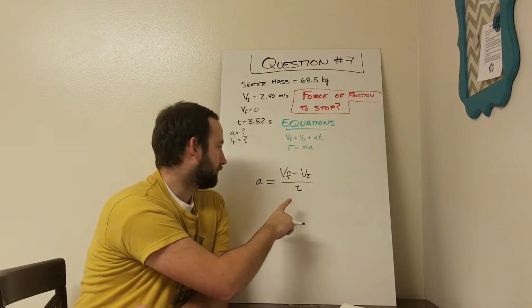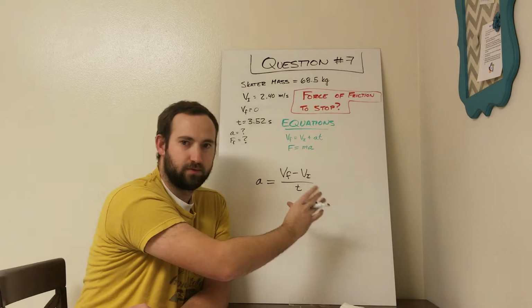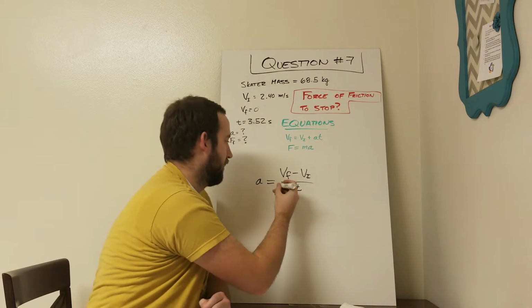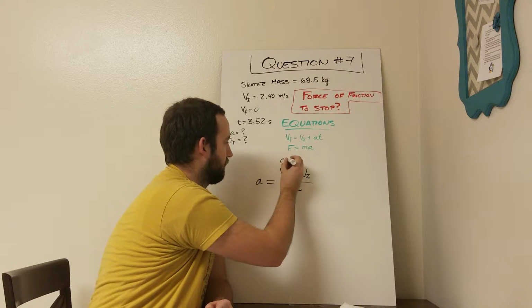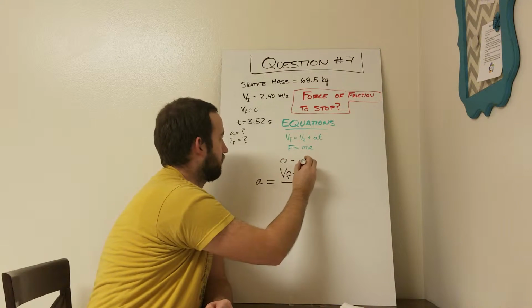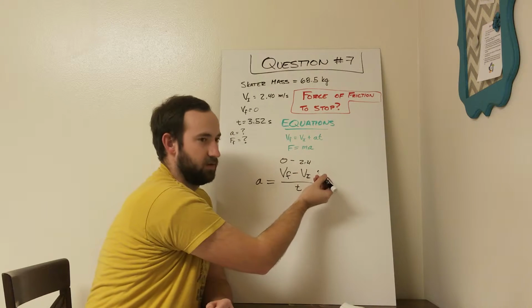And so since we know everything on the right side of the equation, let's just plug it in and find the acceleration. So final velocity is 0. The initial velocity was 2.4 meters per second.